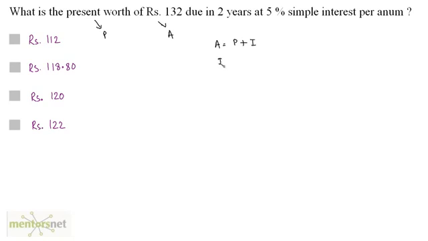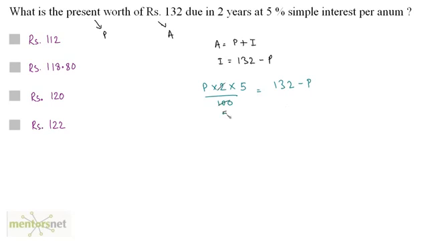So the interest will be amount minus principal. The amount is 132 minus, let the principal be P. But interest is PNR upon 100. So we have P times the number of years, 2, times the rate, 5%, times 5 by 100 is equal to 132 minus P.